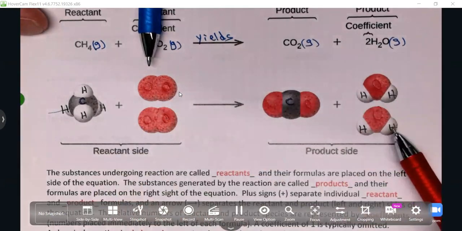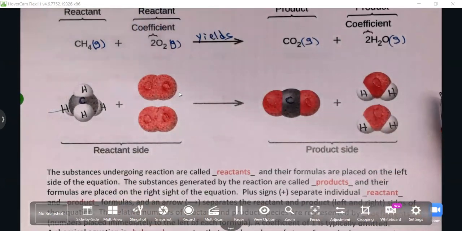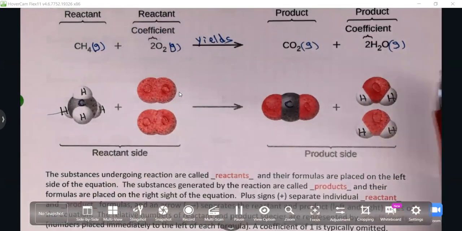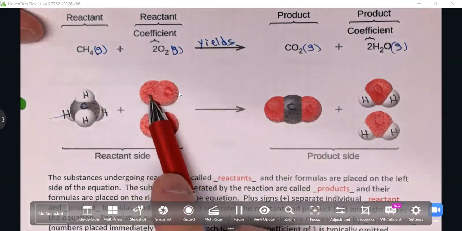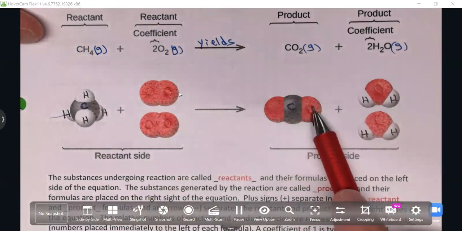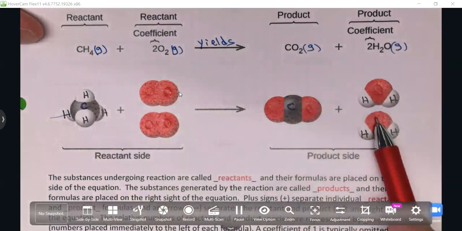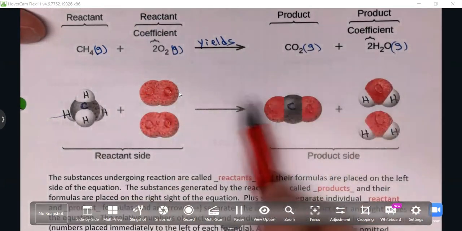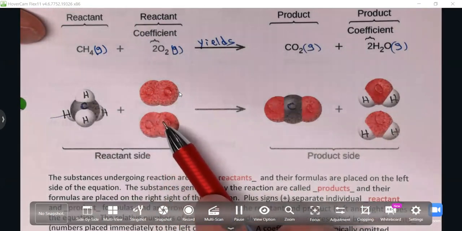We got 4 hydrogens total on this side. Oxygen, we have 1, 2, 3, 4. And we have 1, 2, 3, 4. So we would say that this reaction is balanced.